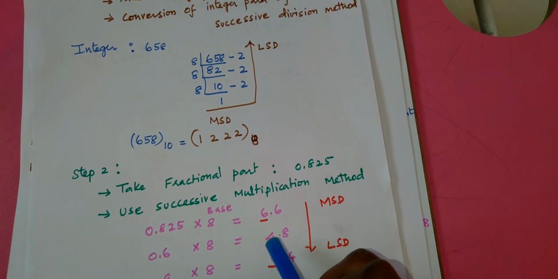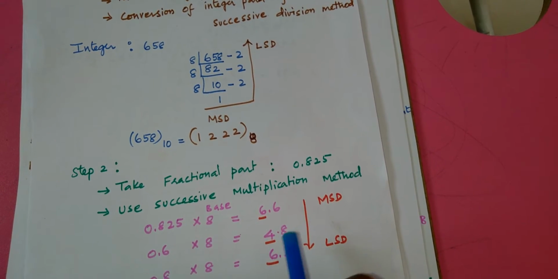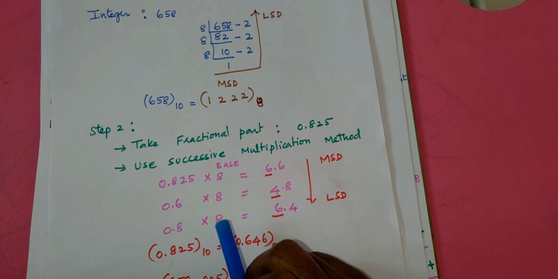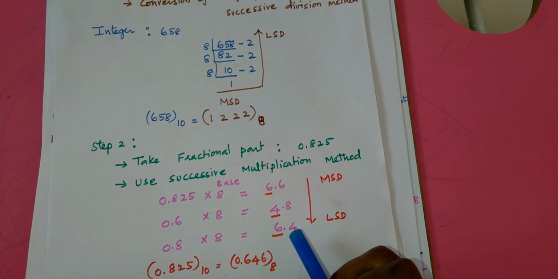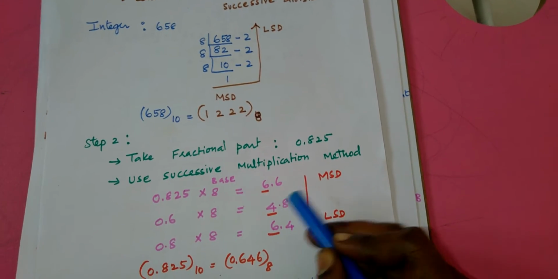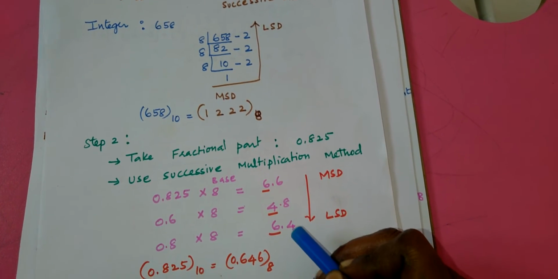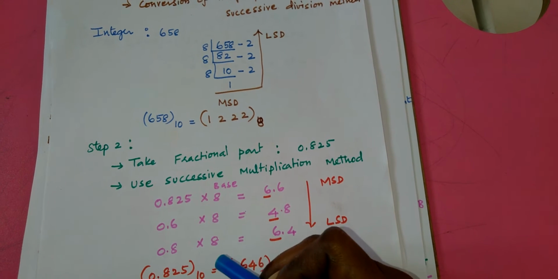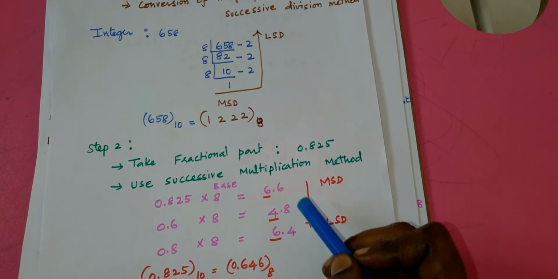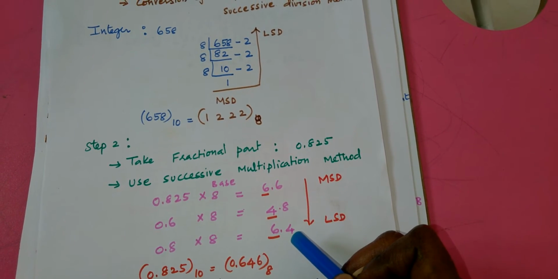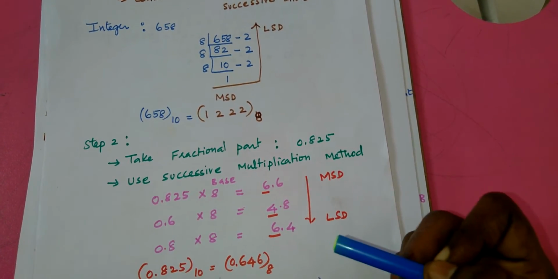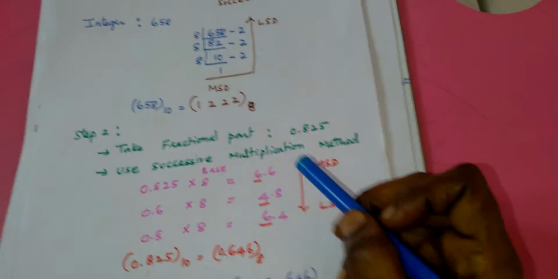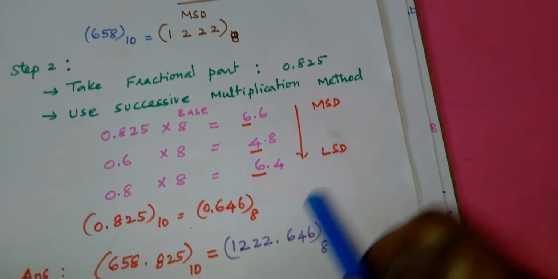Take this integer number for the answer. Take this fractional number for further multiplication with 8, and this will have the answer of 6.4. Again take the whole number for the answer and this fractional number for further multiplication. 3 digits are enough, but if you need, you can go with other successive multiplication steps also. Mostly 3 steps are enough.